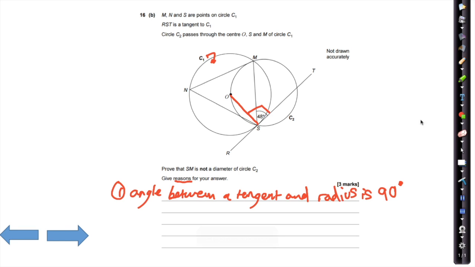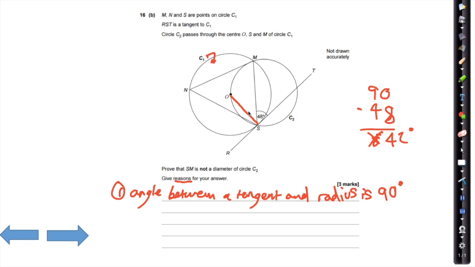Okay, and if this angle is 90 degrees, then you can actually work out what angle MSO is. So angle MSO is going to be 90, because we know the whole thing here was 90, minus 48. And 90 subtract 48 is going to give us 42 degrees.